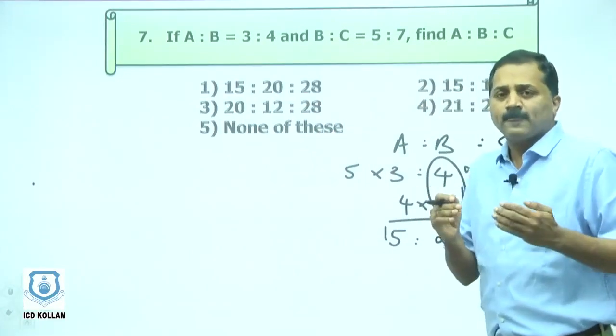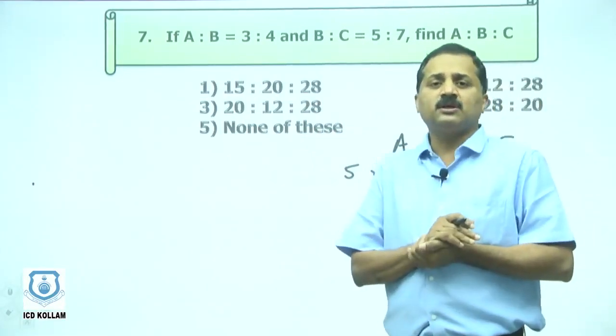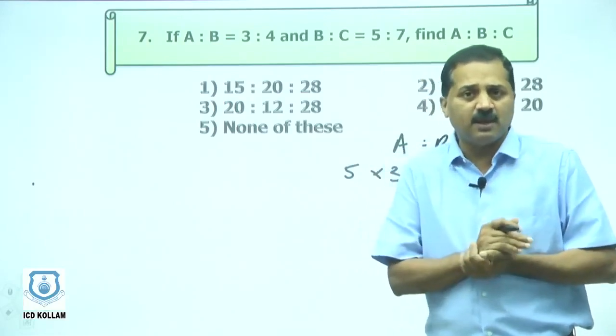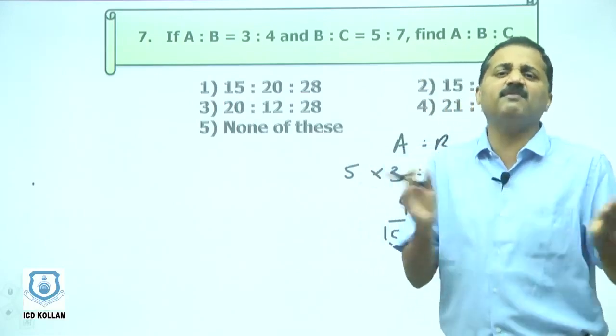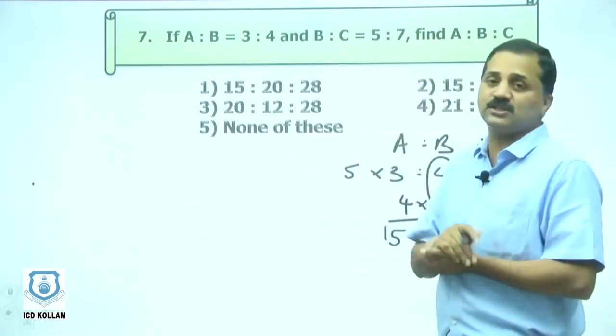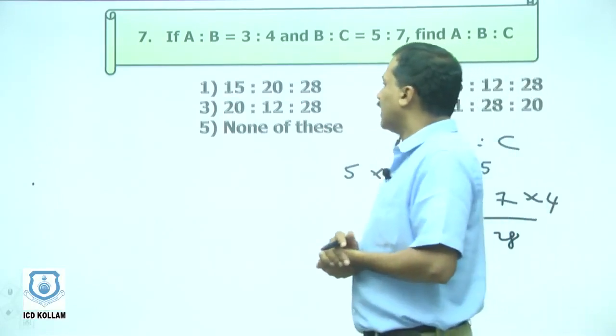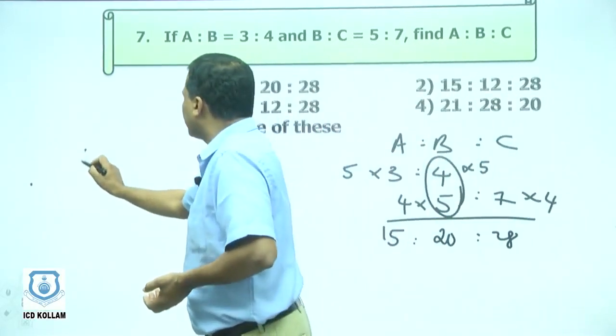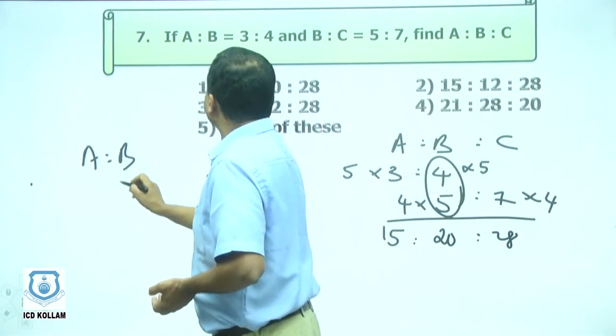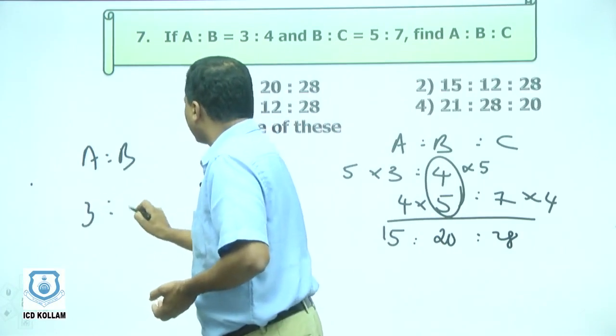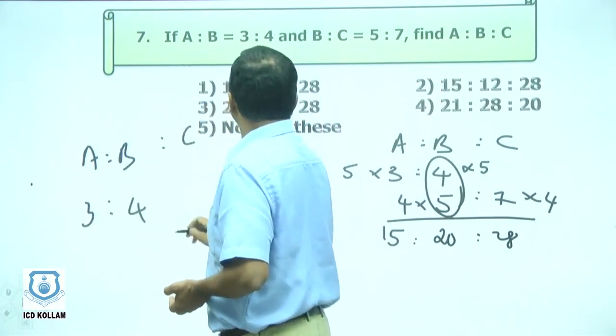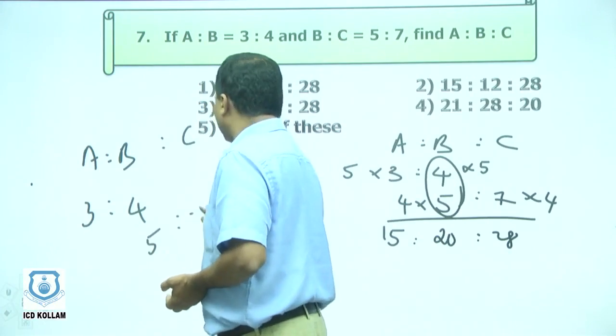But mind you, in our schools we were taught certain questions very beautifully by our teachers which we would never forget. This was one such question for me. A is to B is 3 is to 4, B is to C is 5 is to 7.